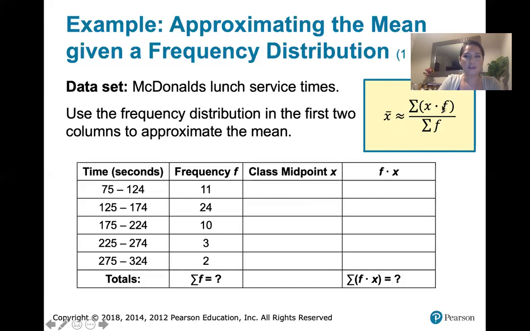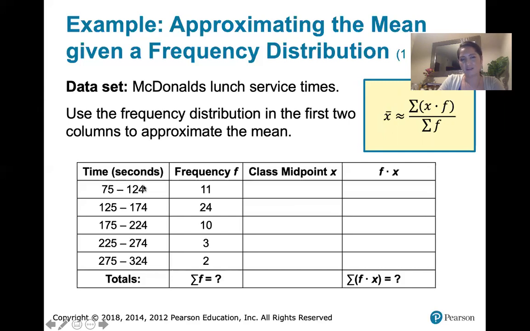Now, in the numerator, what we would normally have when we calculate the sample mean is the sum of all of the data values. But when we have a frequency distribution, we don't actually have all the data values. I don't know what the particular values were that were between 75 and 124 seconds. But I know that there were 11 of them.